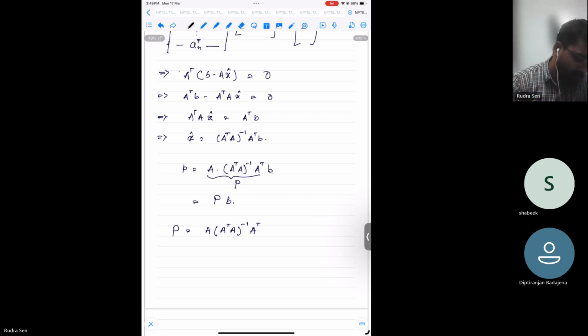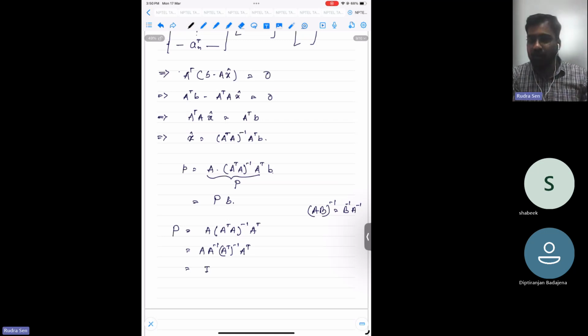Now it may look deceptive, because we know that (A B) inverse is equal to B inverse A inverse, right? So using this property, we get A inverse, A transpose inverse, A, A transpose, and then what we get is I. So that means P is equal to I. Is it true?